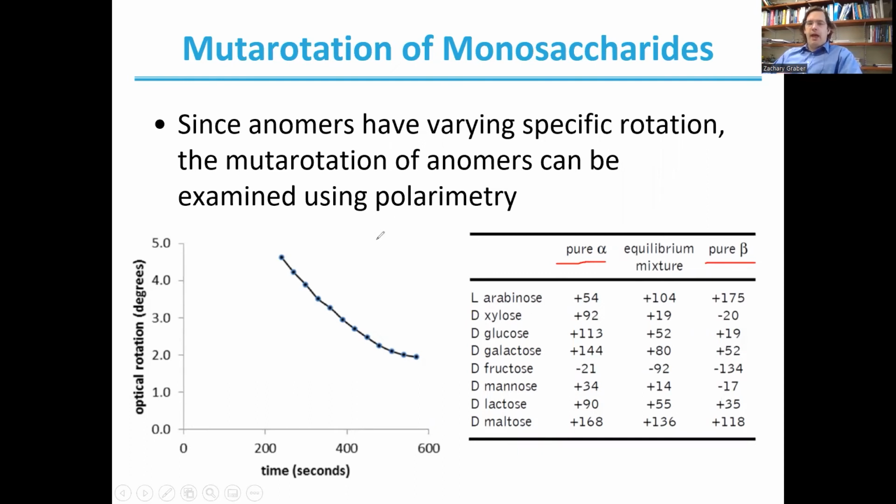If we add acid or base, we'll be able to react and convert between those. And we can see our optical rotation change over time as we react until we find an equilibrium mixture where we'll have some amount of each of our anomers depending on the relative stability of each of those different anomeric structures.